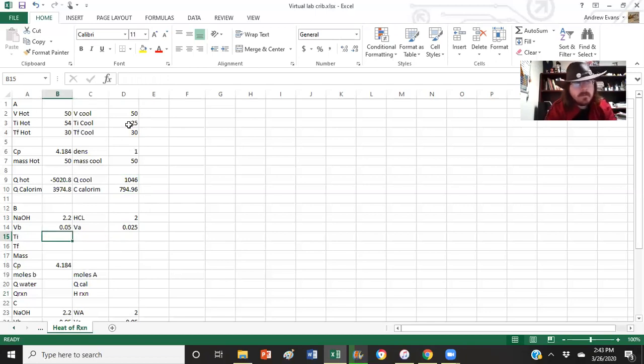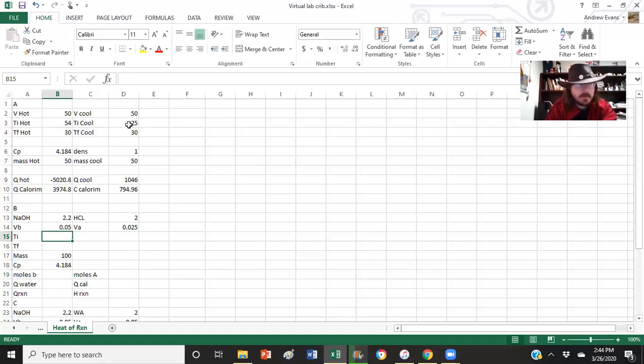Now, we mixed, say, 50 mils of base and 50 mils of acid. We used 25 mils of acid, but we diluted to 50. So hypothetically, the total mass of solution, 50 plus 50, is 100 mils. The density of water did not change, so it'd be 100 grams. Now, hypothetically, the initial temperature of both solutions should be about the same.